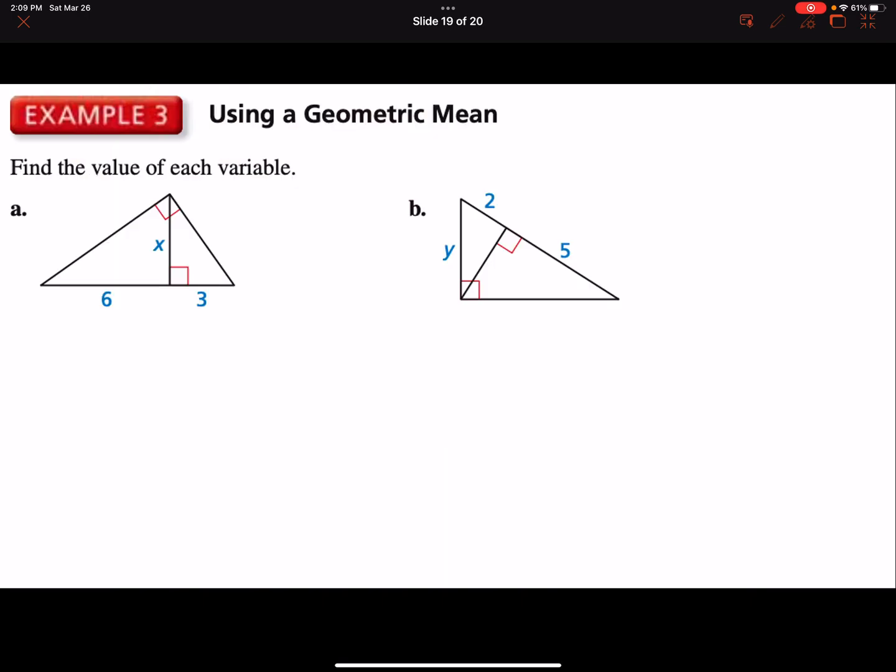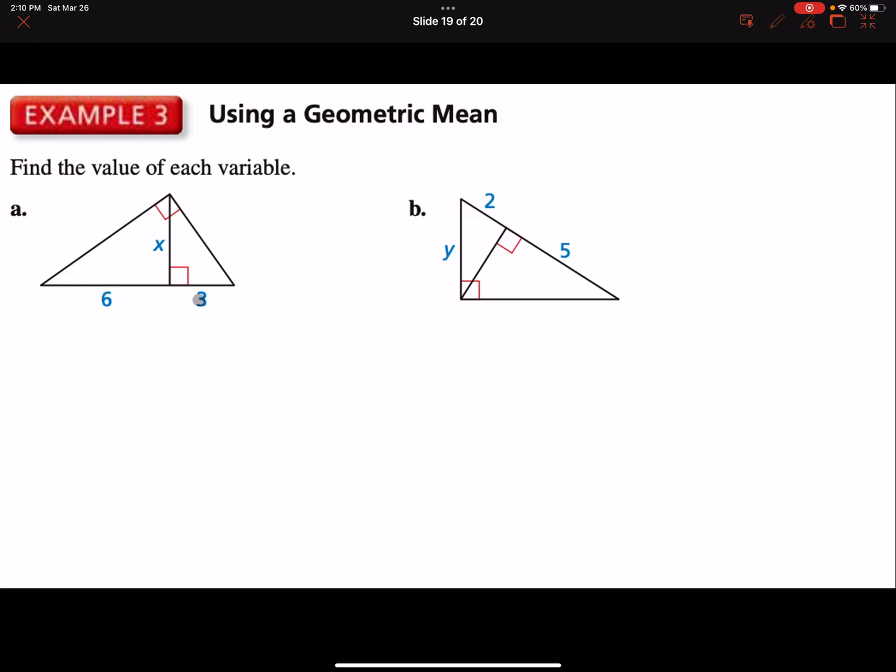So here we're going to use the geometric mean. We want to find the value of each variable. So in A, we've got a big triangle. We've got the hypotenuse broken down into segments, 6 and 3. And we know that the altitude is what we're looking for. It's x. Since we're looking for the altitude, we need to use the first geometric mean theorem, which basically says I have to take 6, which is this segment up until the altitude, and then the other segment of 3 and multiply them together, then get the square root.